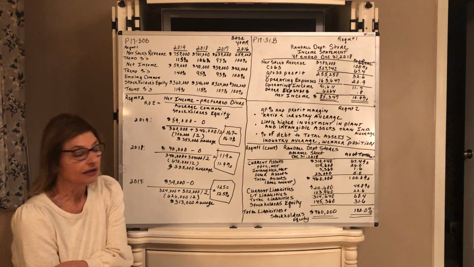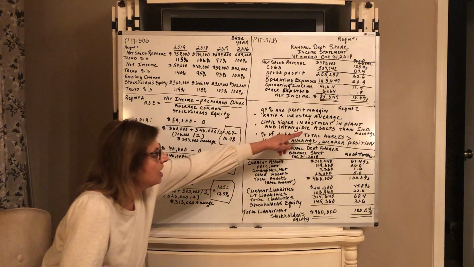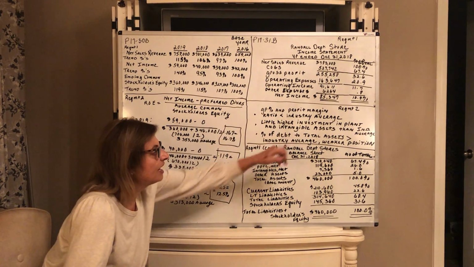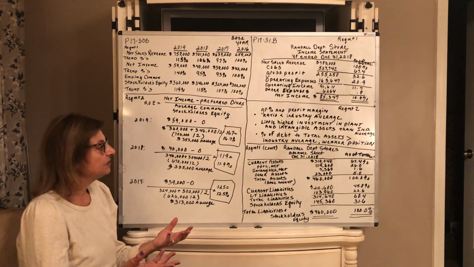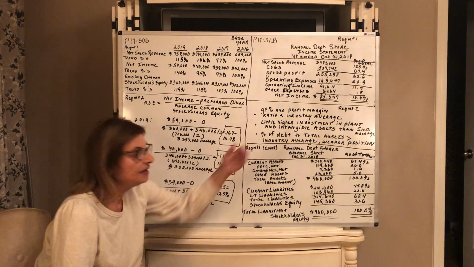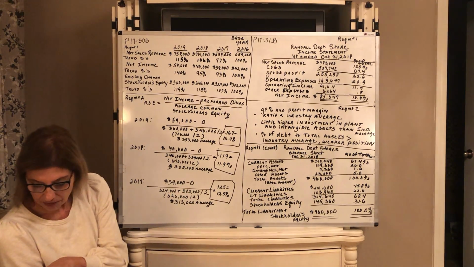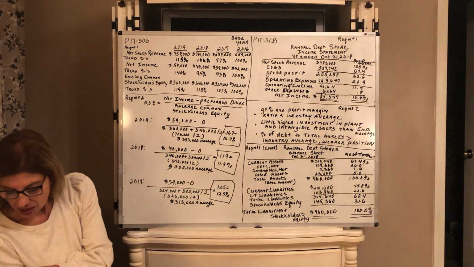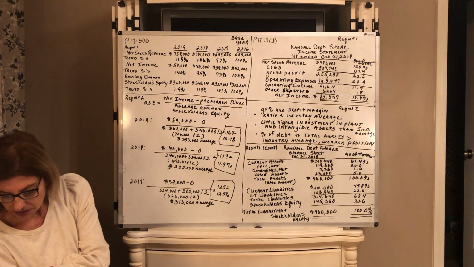That's the first thing. And then another thing, if we look at the balance sheet, Randall has a higher investment in plant assets, property, plant, and equipment, and intangibles than the average. If you look at the average on the balance sheet, our average for current is okay.